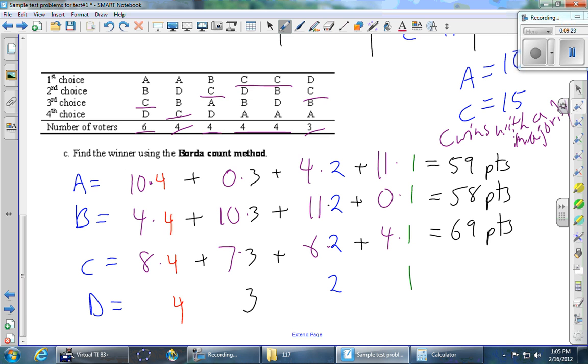And then the last calculation is going to be for D. Let's erase and start over. Okay, looking only at D. First place, it's just that column, which is worth 3 votes. Second place is for D. We got 4, and another 4 is 8. Third place for D, just this column, is 4. And then last place votes for D, 6, plus another 4 is 10.